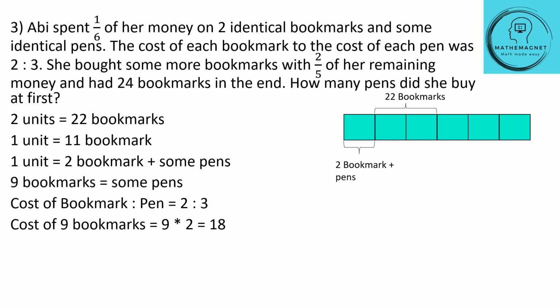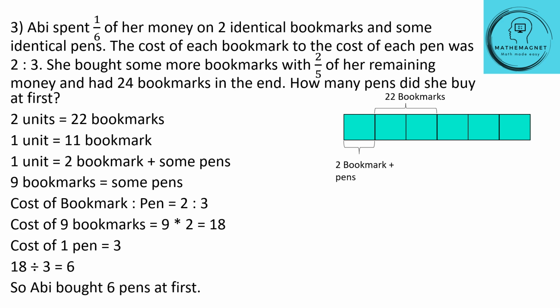The cost of the pens is also equal to 18, because that is the money she has. With 18 units she can buy some number of pens, and we know the cost of one pen is 3. So the number of pens will be 18 divided by 3, which is equal to 6. So she bought 6 pens at first.